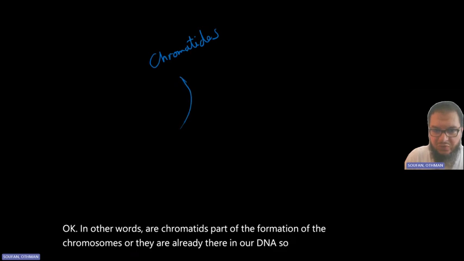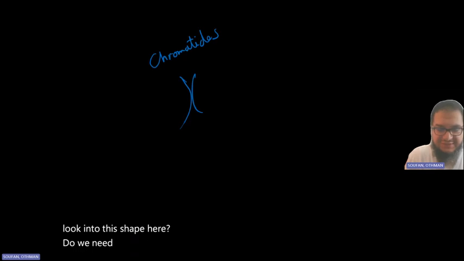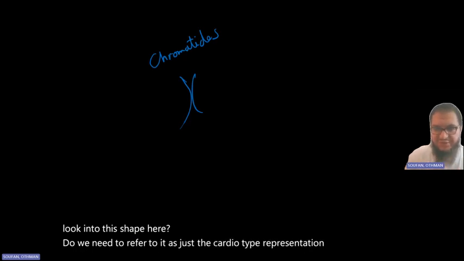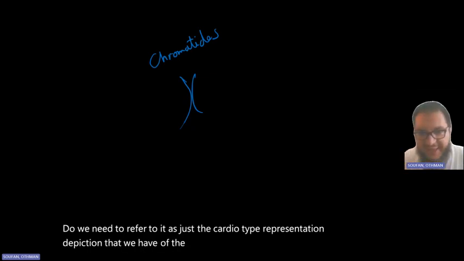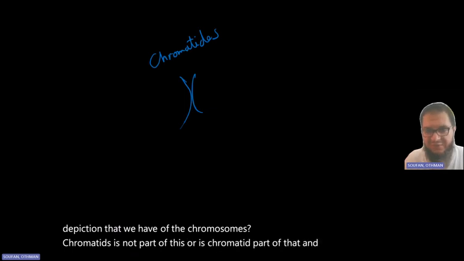So when we look at this shape here, do we need to refer to it as just the karyotype representation, a depiction that we have of the chromosomes? Are chromatids not part of this, or is a chromatid part of that, and at what time?